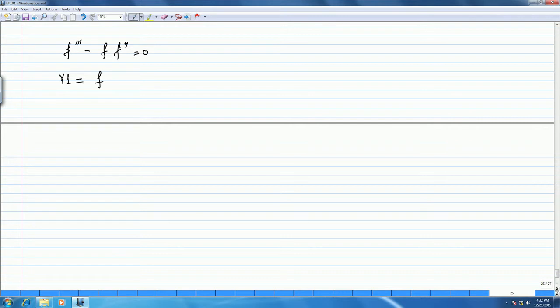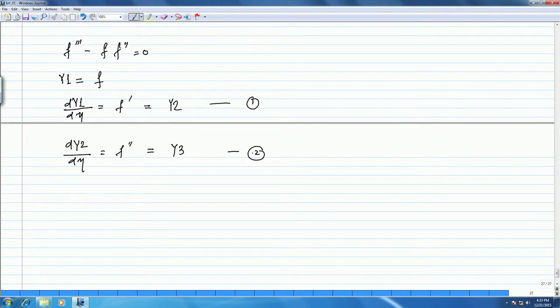Then dy1/d eta is equal to f dash, and let's call that y2. Then dy2/d eta is nothing but f double dash, and let's call that y3.